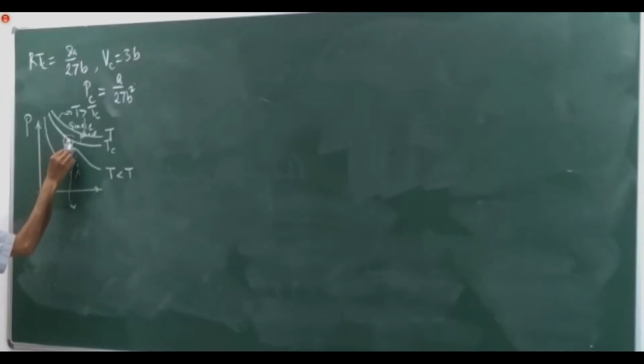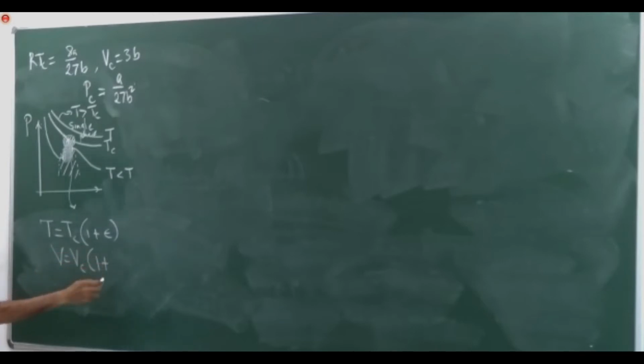The only place which I'm interested in is this region over here, where T is equal to Tc times 1 plus epsilon, and V is equal to Vc times 1 plus delta. So I want epsilon and delta to be very small.